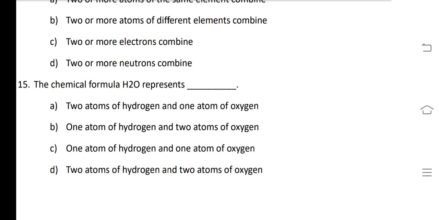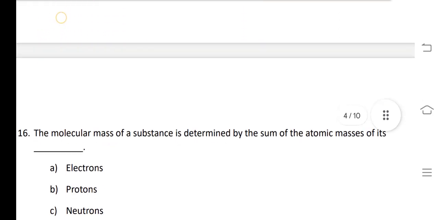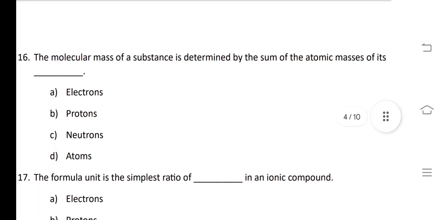Our next question: the chemical formula H2O represents 2 atoms of hydrogen and 1 atom of oxygen. Our next question: the molecular mass of a substance is determined by the sum of atomic masses of the atoms present in it.